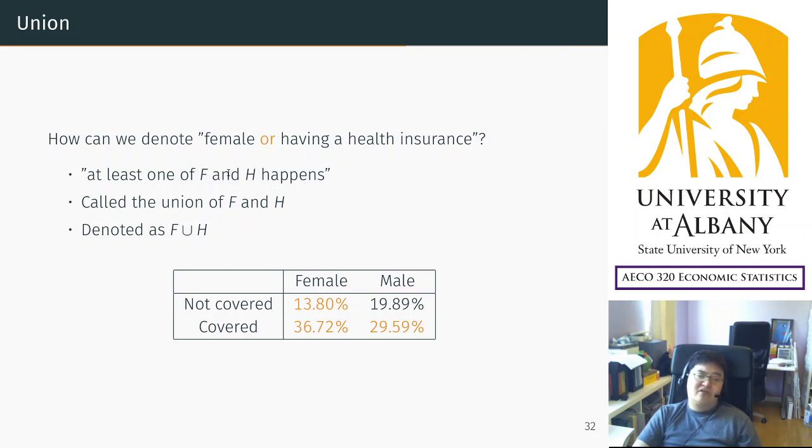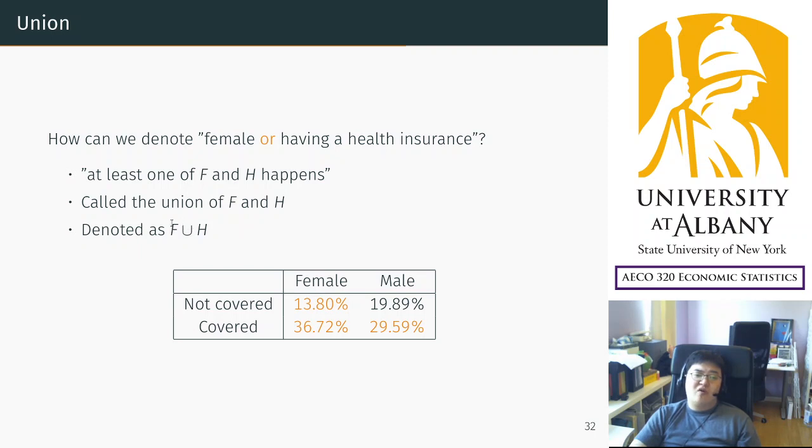It could be only female, or it could be having health insurance, or it does not matter if both are satisfied at the same time. We call this new event the union of F and H. So you have two events, and you are interested in all the cases where one of them happens. It only rules out when both fail.